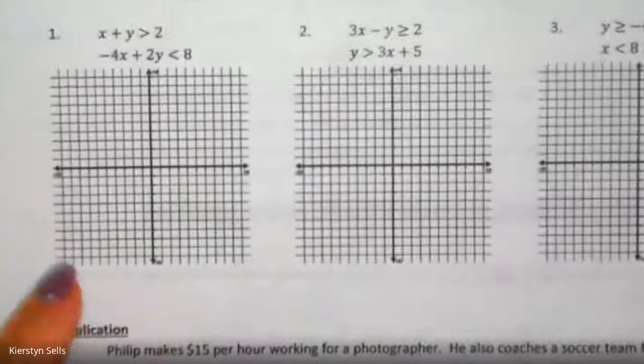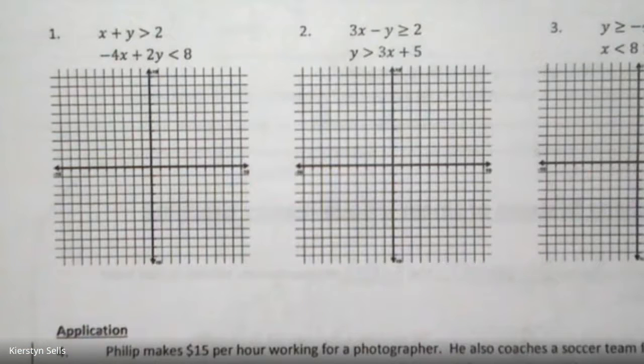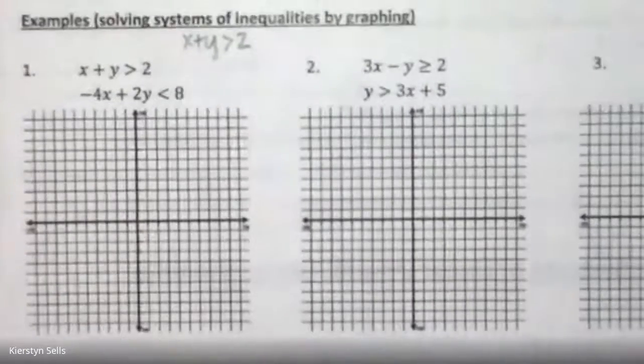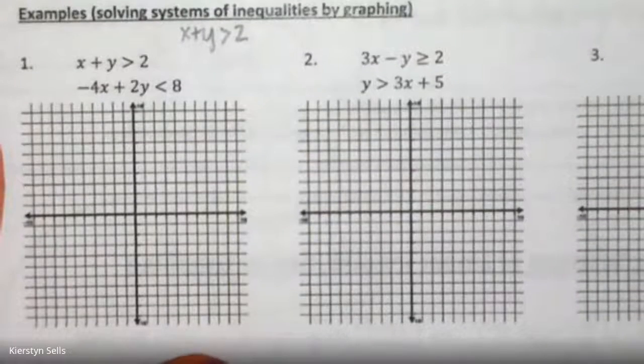Number 1: x plus y greater than 2, negative 4x plus 2y less than 8. The first thing we have to do is get what letter by itself? Y. All right, so I'm going to rewrite this up here so I have room to work. What do I have to do first to get y by itself on that equation there, Cameron?